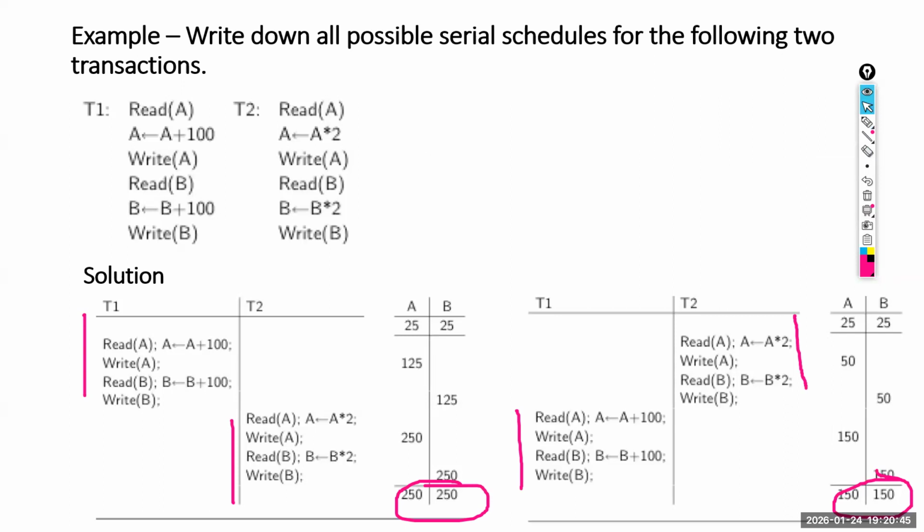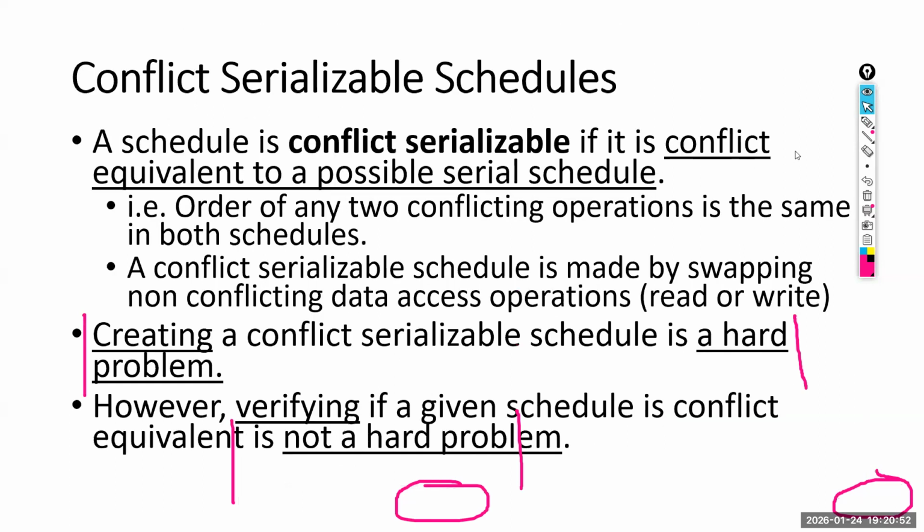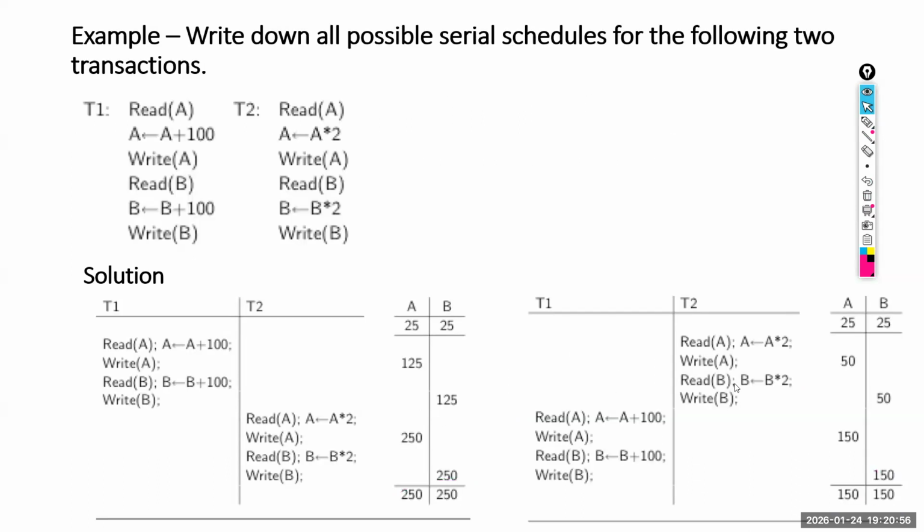If you have any questions, you need to ask, and I can explain it again. Anyway, those are serial schedules, both valid. But if you can create a schedule which is equivalent to either this schedule or that schedule with some overlapping, maybe we can come up with a conflict serializable schedule.